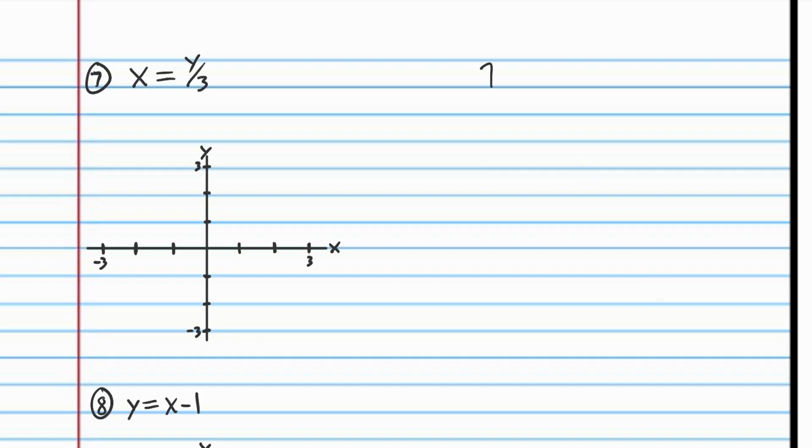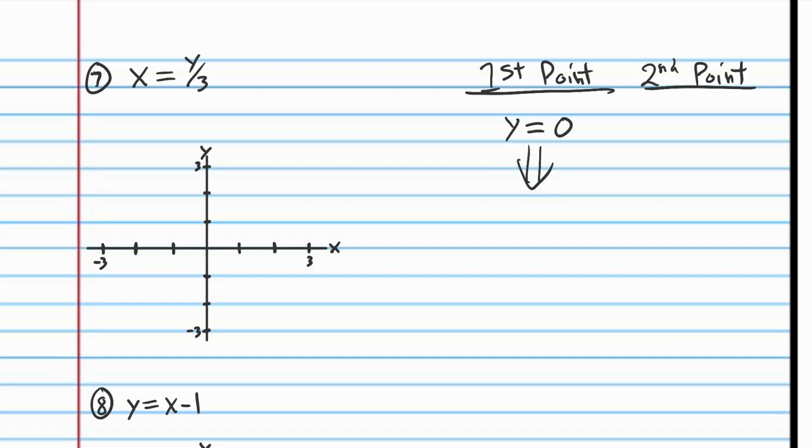All right, we're back. So we're going to let y equal 0. And again, because x is isolated, it's better to choose y values first. So if x is 0 and y is 0, so that's that point there.